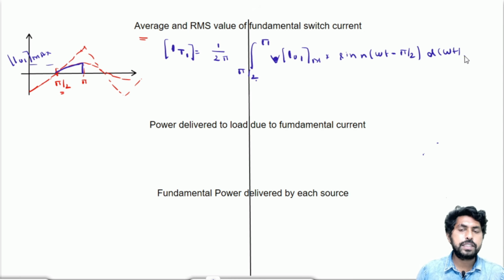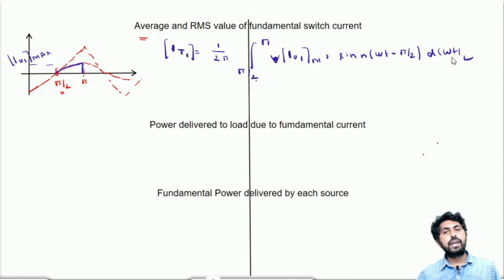From this expression we can find the fundamental switch current in the pure inductive load.